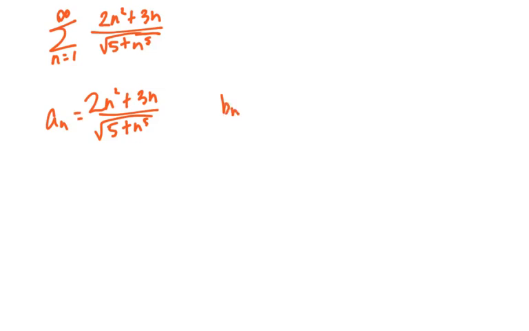And bn is, the leading term here is 2n squared, and the leading term in the denominator is the square root of n to the fifth. So let's rewrite this as 2n squared over n to the 5 halves. Now this can be simplified even further because I have 2 n to the 4 halves on top and n to the 5 halves on bottom.